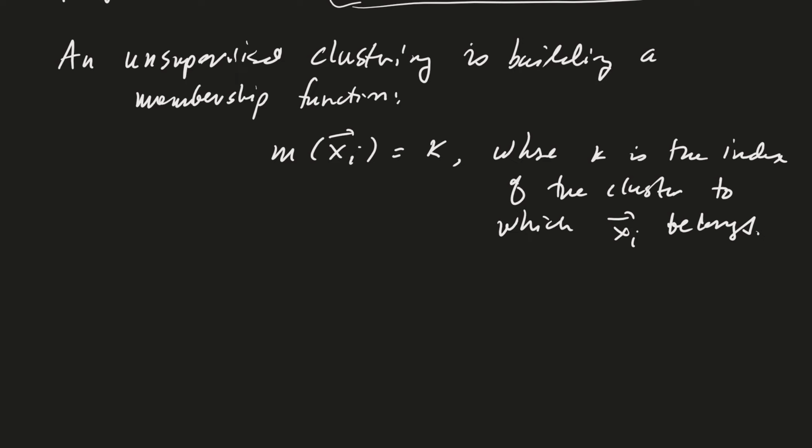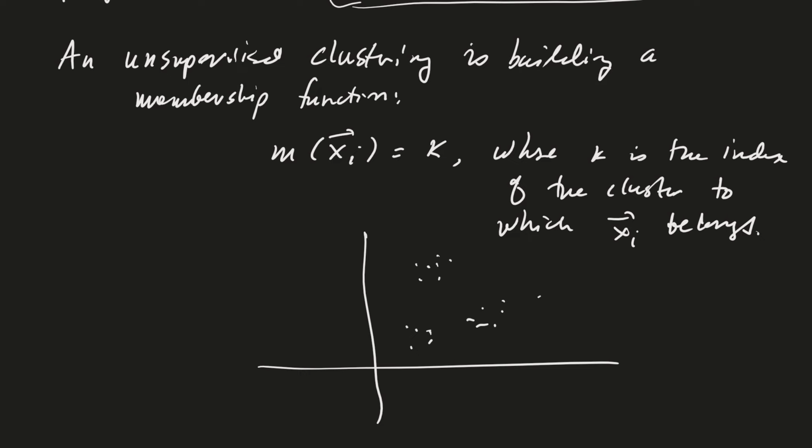Right, so in our previous example, if I put this point into my function, if this is my point 1, then that might have label 1, and so all of these points would have label 1. And then these might be label 2, and these might be label 3, and so on.